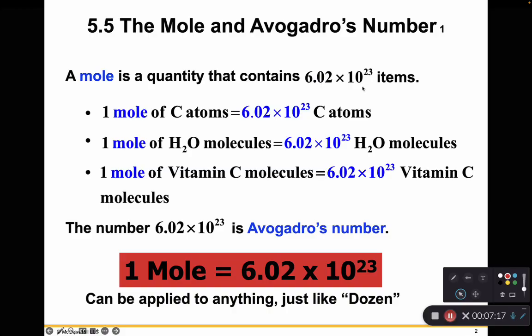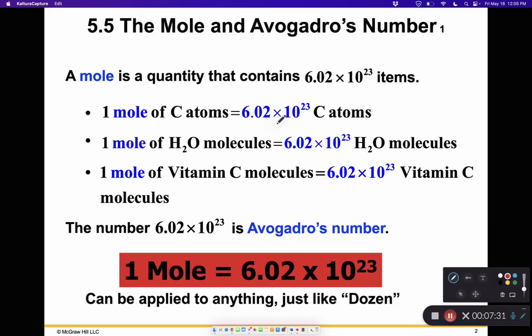Okay, I want to explain that way. So when we say 1 mole of something, we are talking about 6.02 times 10 to the power 23 of that.